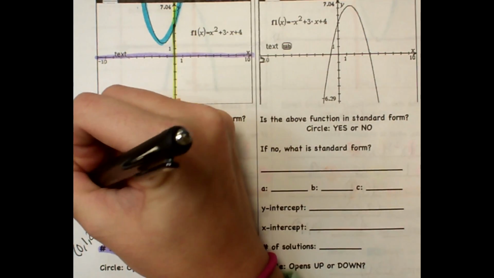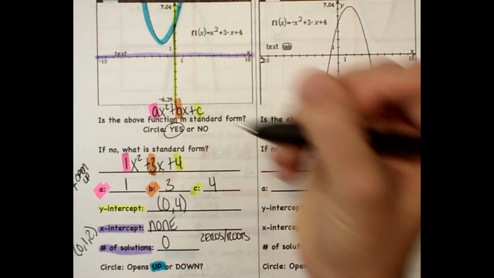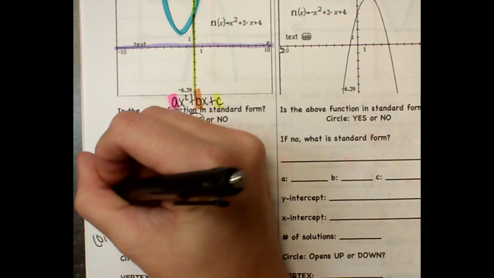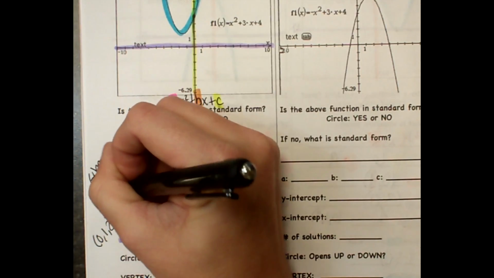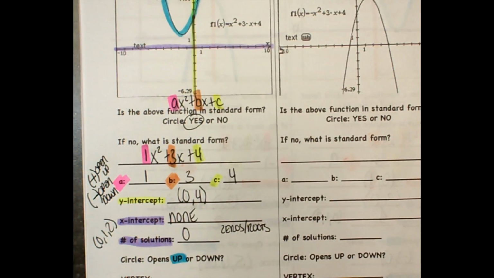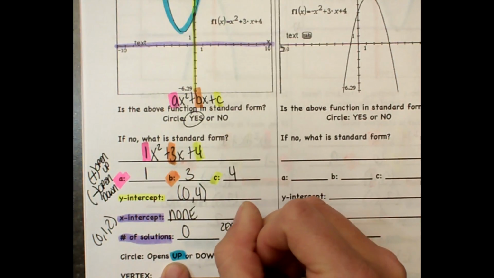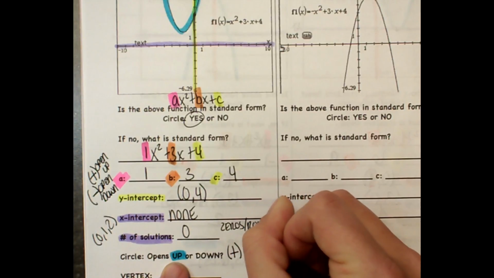If it's positive, then it's gonna open up. If your a value is negative, then it's gonna open down. Be sure you write this down because it's important. If it's a positive a, it opens up. If it's a negative a, it opens down. It's opening up, so it's a positive a value.